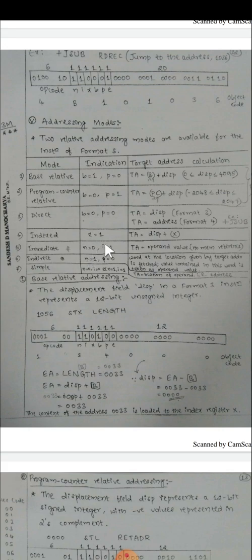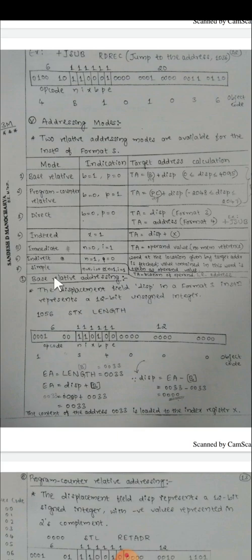If n is 0 and I is 1, then it is immediate addressing mode. And if n is 1 but I is 0, then it is indirect addressing mode. In simple addressing mode, the target address is equal to the location of the operand, that is the address, which we can directly take as the target address.